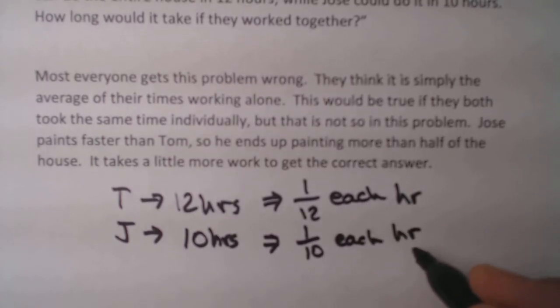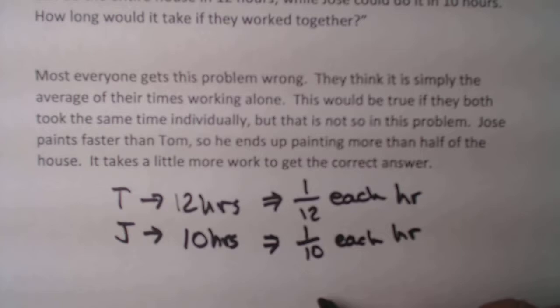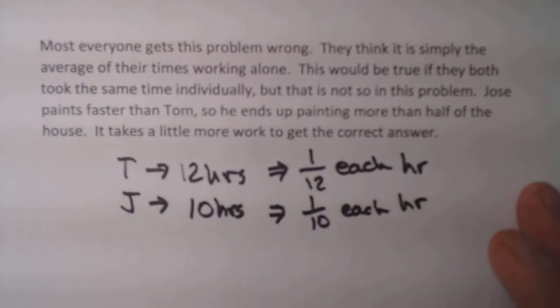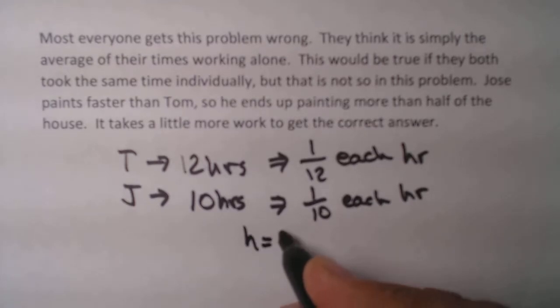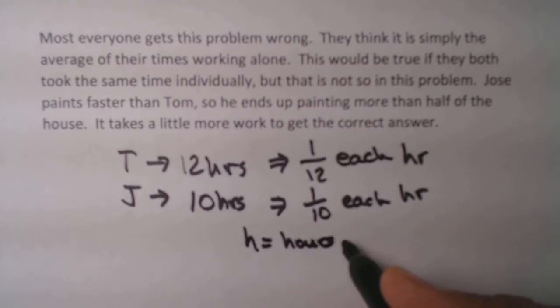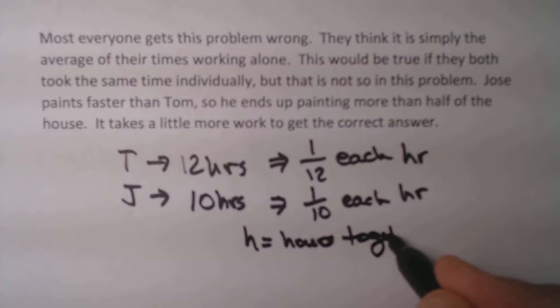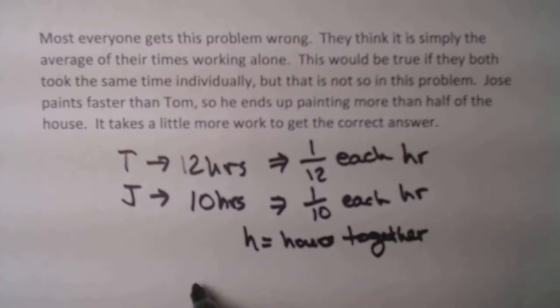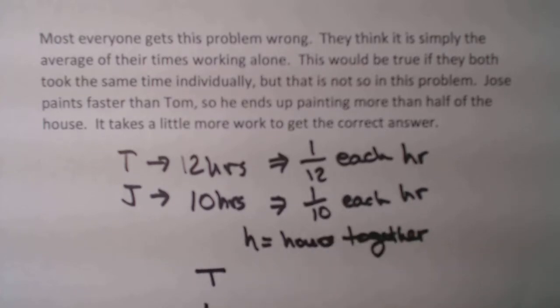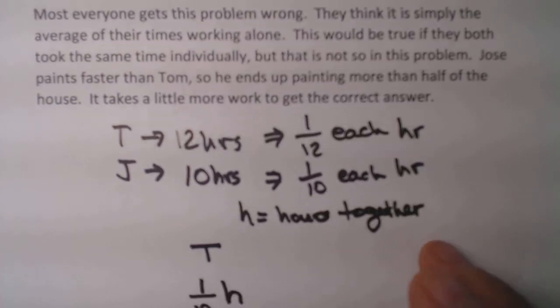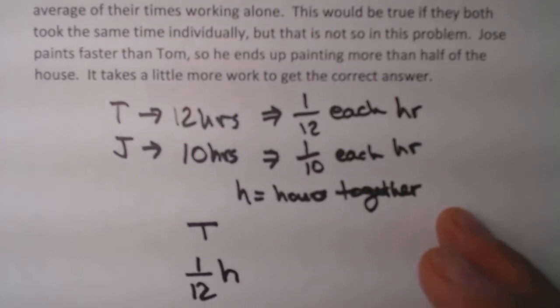Approaching it from that way, we can get the correct answer, and it's not too difficult. Let's say H equals the hours that they are working together. Now I can look at what each of them does. Tom gets 1/12 done each hour, and if he's working H hours, that's the total amount he does.